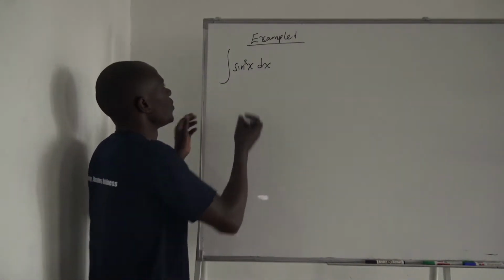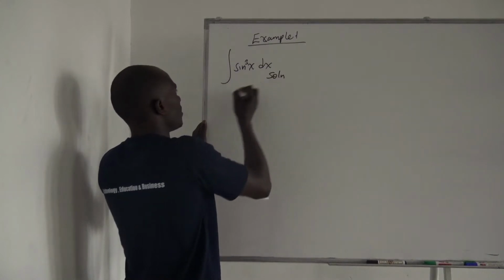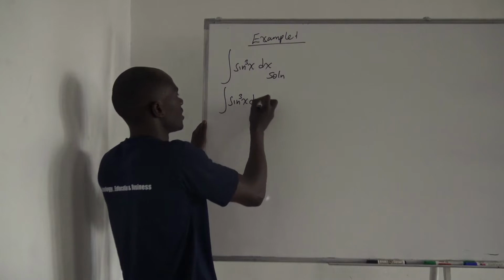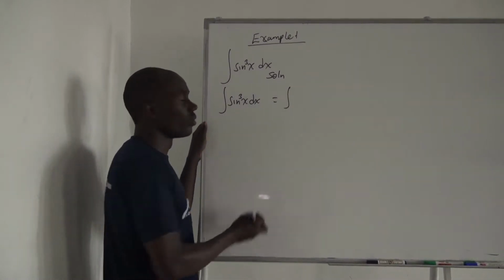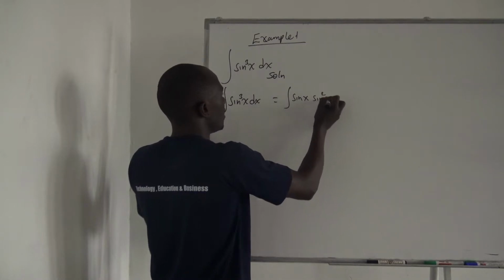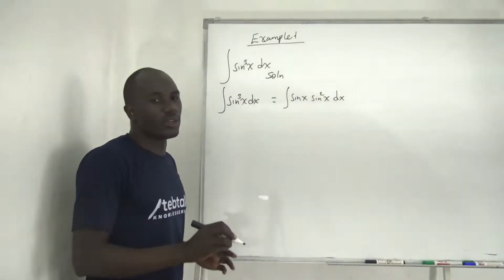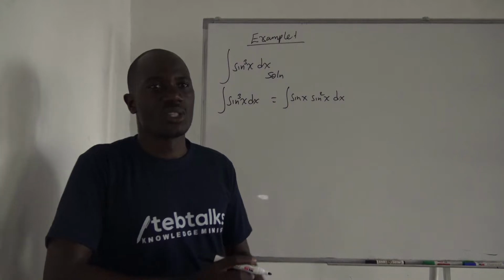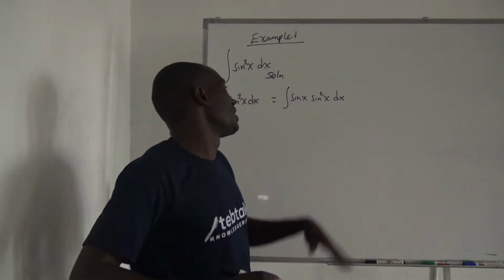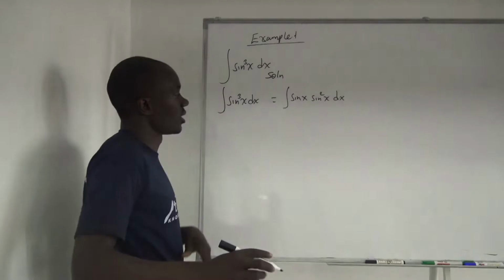Solution. The integral of sine cubed x dx is the same as the integral of sine x sine squared x dx. What do we do with the sine squared? We are going to write it in terms of the other trigonometric identity.